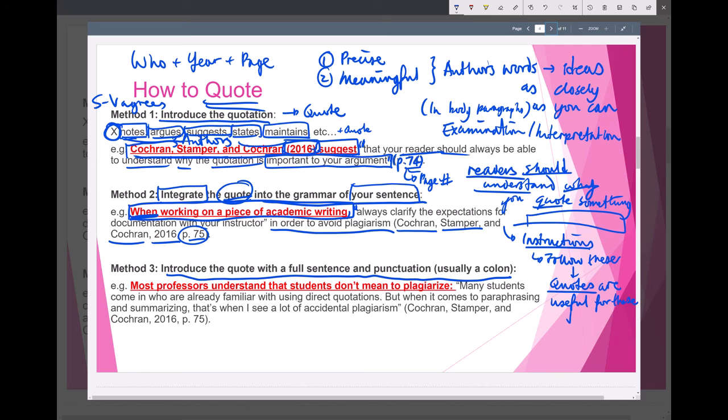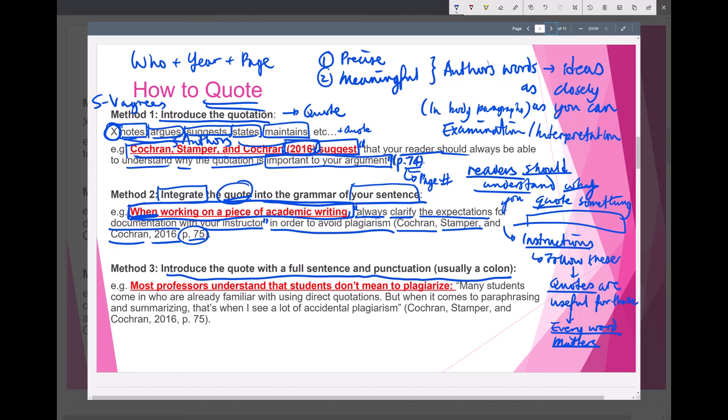So every word matters because we want to do everything that the person is telling us. So here is always clarify the expectations for documentation with, specifically with your instructor. If you are able to paraphrase the whole thing and keep all the key words, yes, try it. But when you quote, it's very useful because you keep every word that the person says.